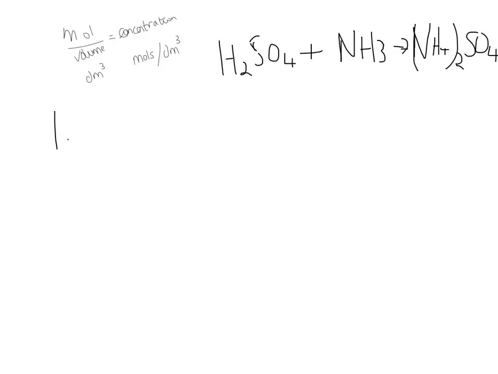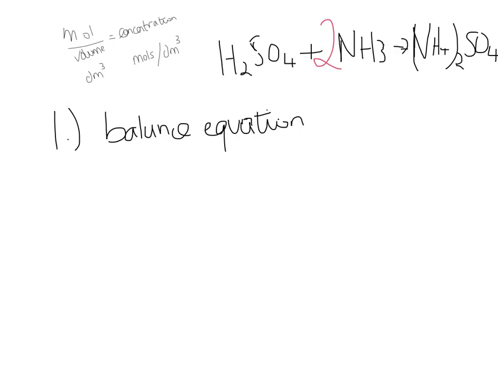Step 1, balance the equation. You must do this, otherwise all the other steps are not going to work. So how do we balance this equation? Well, all I have to do is put a big 2 here. So now I've got 2 N's on both sides.